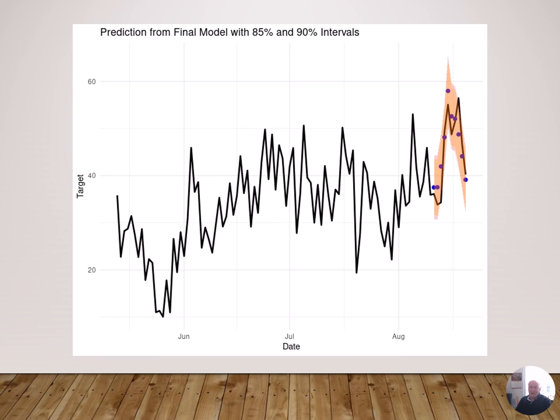So here we see our data and also our prediction, and the idea is that we're going to figure out how much each one of these predictor variables helped predict this signal or this time series.